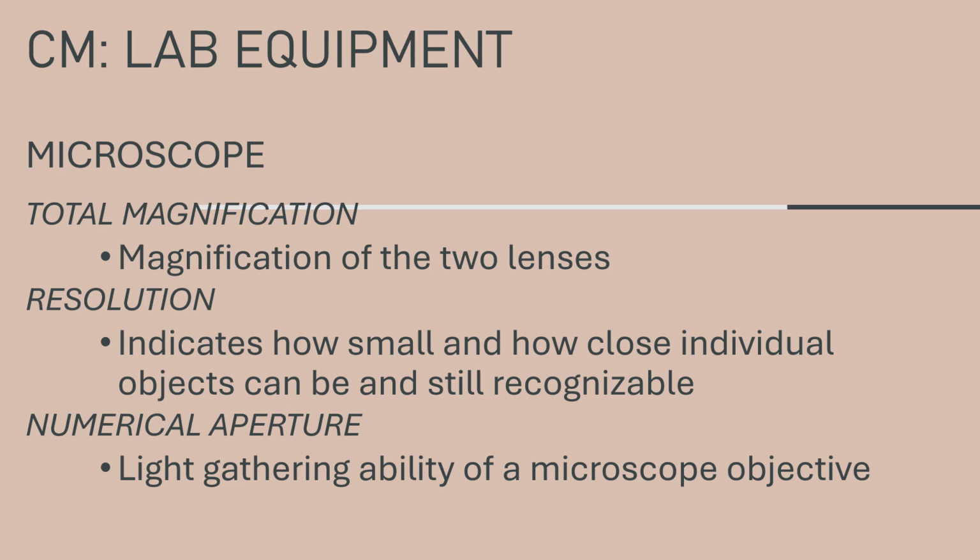Your resolution or resolving power depends on the wavelength of the light that is used and the numerical aperture of the objective lens. The greater the resolving power, the smaller the distance distinguished between two separate points. Your numerical aperture is the light gathering ability of a microscope objective.